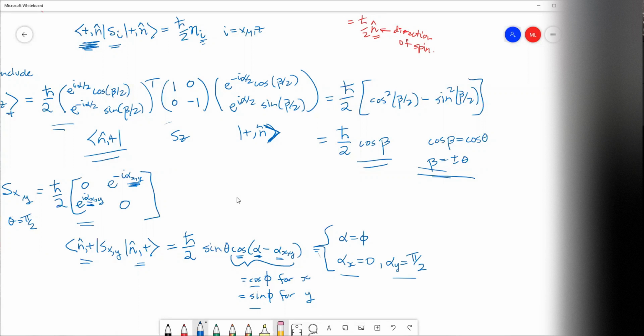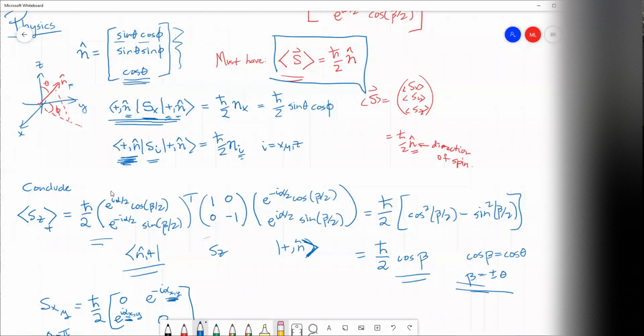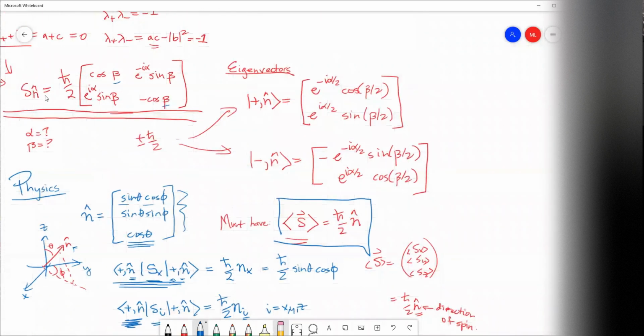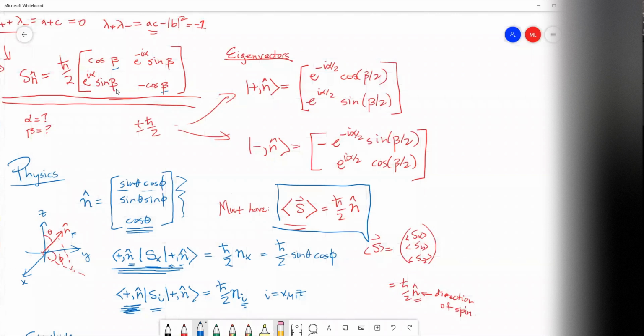So that's it. This gives us the full relationship between the directions of n hat and this arbitrary operator of the spin measurement. The beta piece is just the direction of n hat away from the z-axis, and these alphas will depend on the direction of n hat.